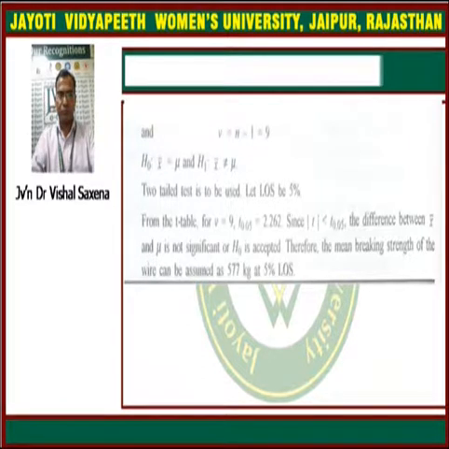If the observed value is less than the expected value, our null hypothesis is accepted. So H0 is accepted, and therefore the mean breaking strength of the wire can be assumed as 577 kg at 5% level of significance.